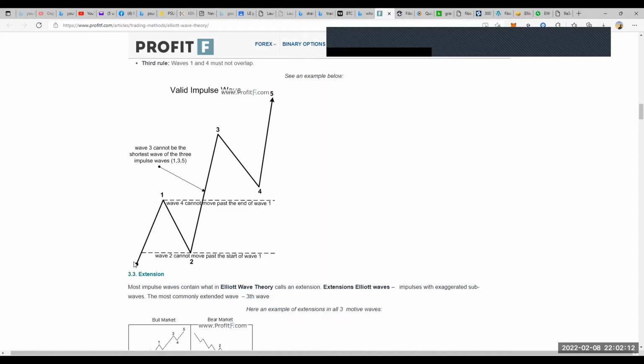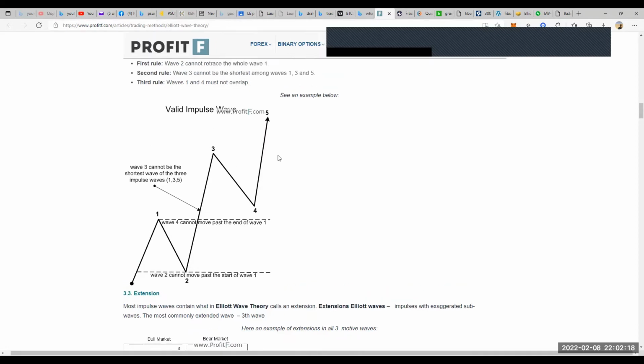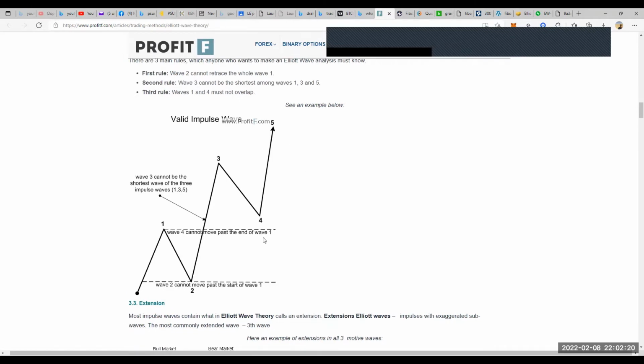So you see that wave 1 goes up here, and wave 2 cannot go below this line. Otherwise, we start the whole fractal all over again. Usually that's at around a 50 to 61% drop in value, and we'll see that from a Fibonacci retracement, which I will throw in a little bit later and explain.